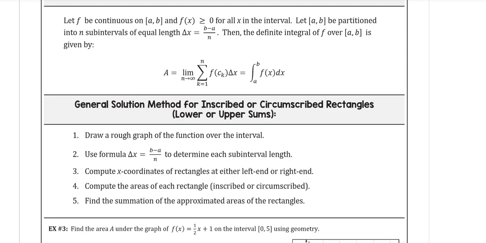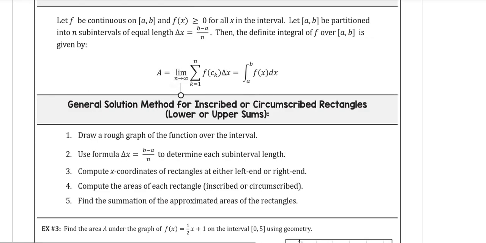Then the definite integral of f over ab is given by, so the area is equal to the limit as n approaches infinity. This symbol is the summation from k equals 1 to n. That's how many rectangles we're doing. And then what we do is we increase the number of rectangles.